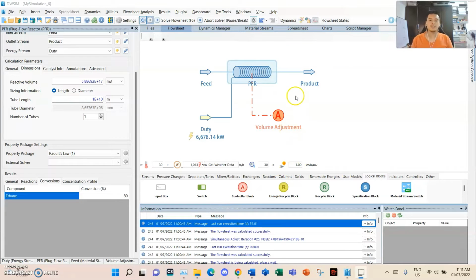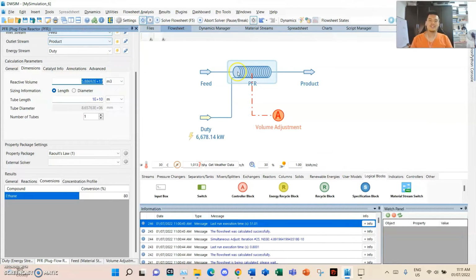After finishing the respective iterations, it calculated that in order to reach 80% ethane conversion, a volume must be around 5.8 times 10 to the 17. That's around trillions or millions, I think.